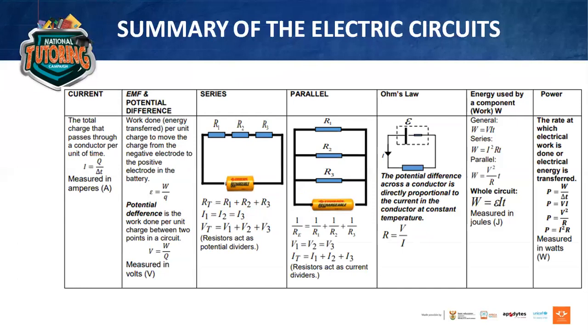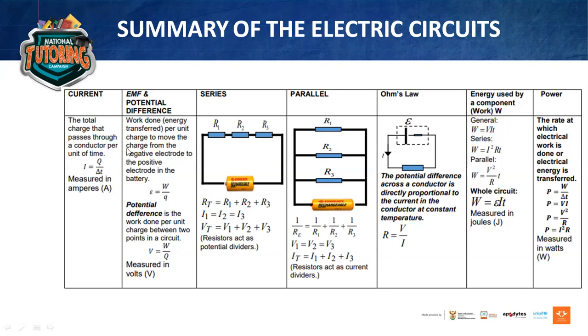Okay. So the summary of the electric circuit, just going back for the overview. Number one, we can start on this column here. It says the current is the total charge that passes through a conductor per unit time. Okay. So this is our current equation.